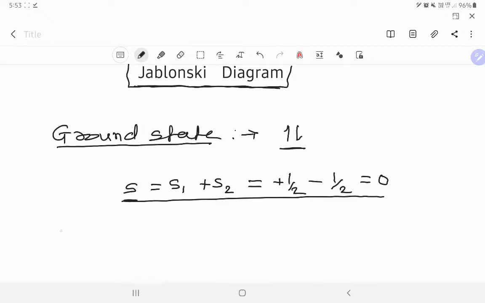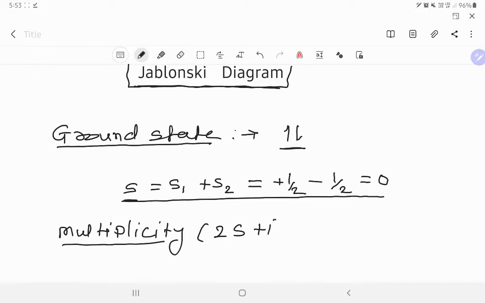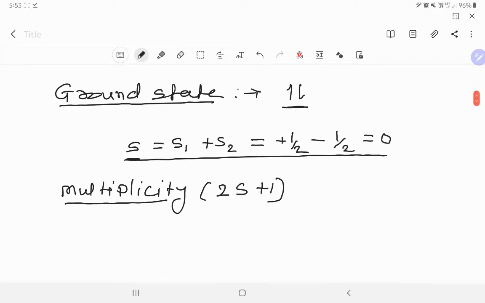Now if we determine its multiplicity, it is a quantity determined with the help of 2S plus 1. Here S is the total electron spin. Now if the electrons are paired, then what is the multiplicity?